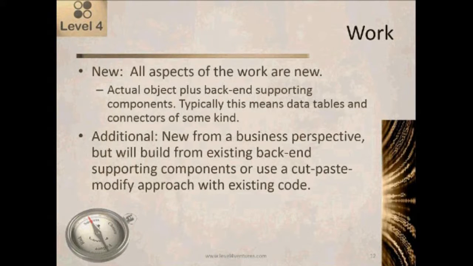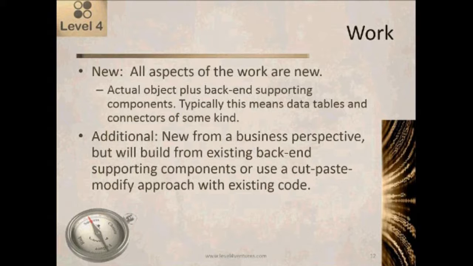So if we're setting the work to new, what that's saying is that all aspects of the work are new. If you keep in mind that most of the catalog objects include not just the part that you see, but also the back-end processing and the persistent data support, what that means is it includes the actual object plus the back-end supporting components.